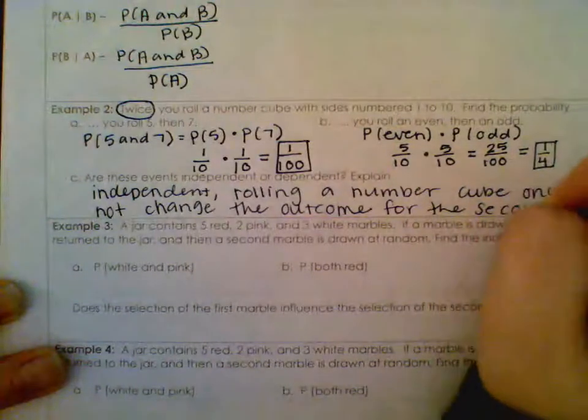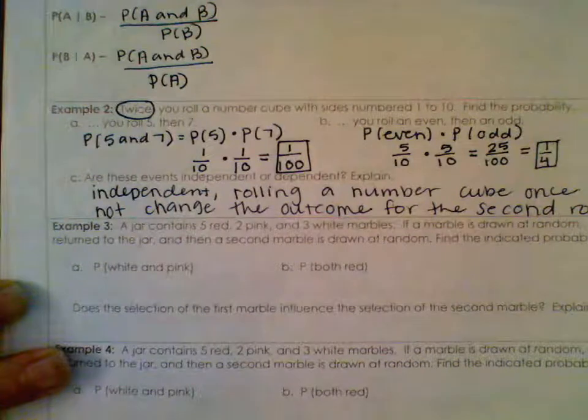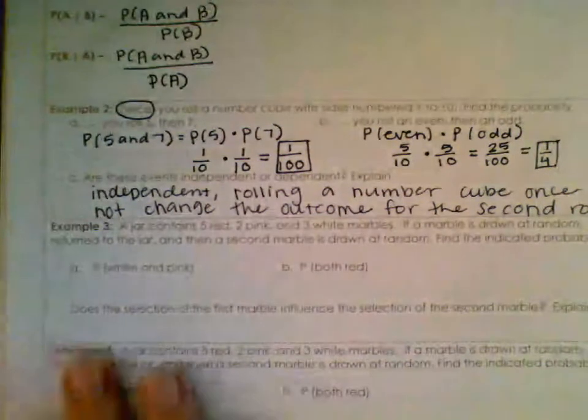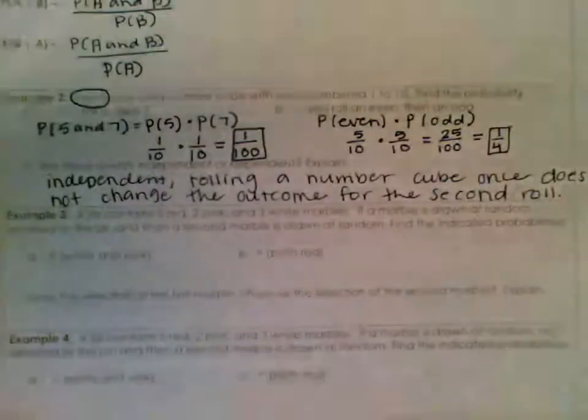Something along those lines. If you roll a dice once, it's not going to change the probability of the second one. It has no effect on rolling it a second time. I just realized you can't really see that. Let's scoot this up a little bit. There you go.